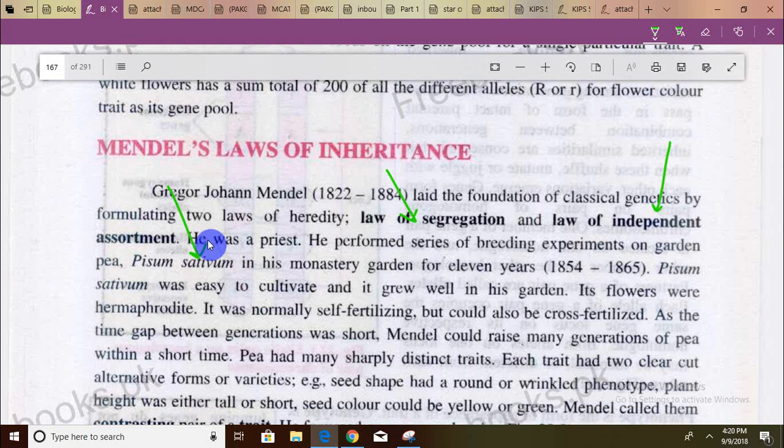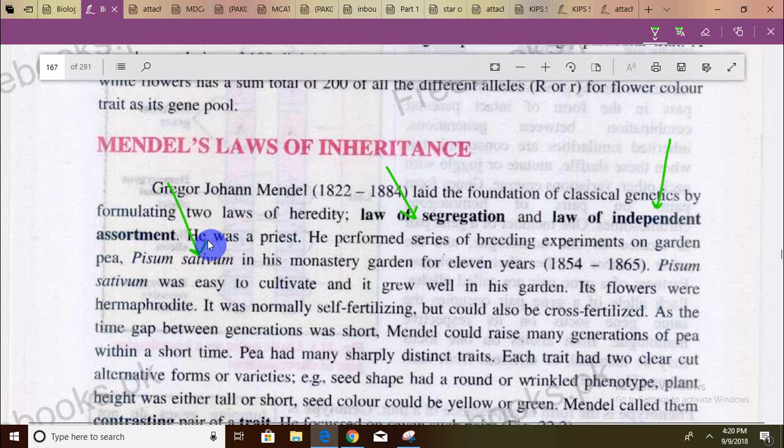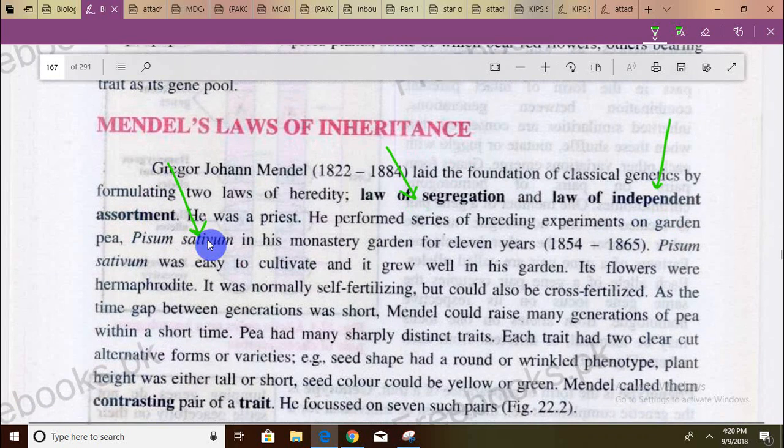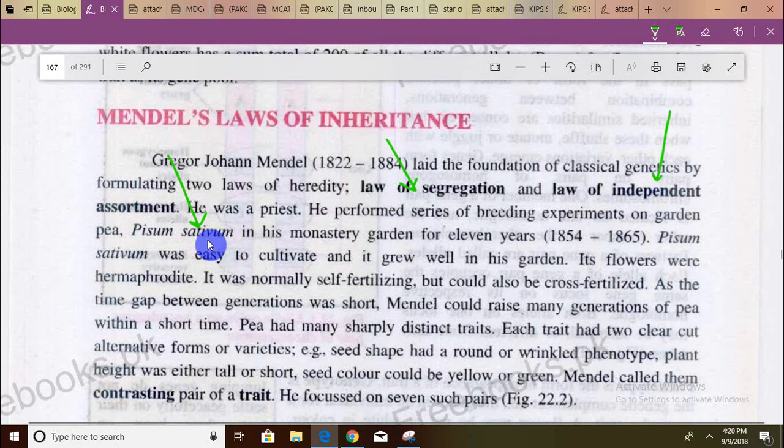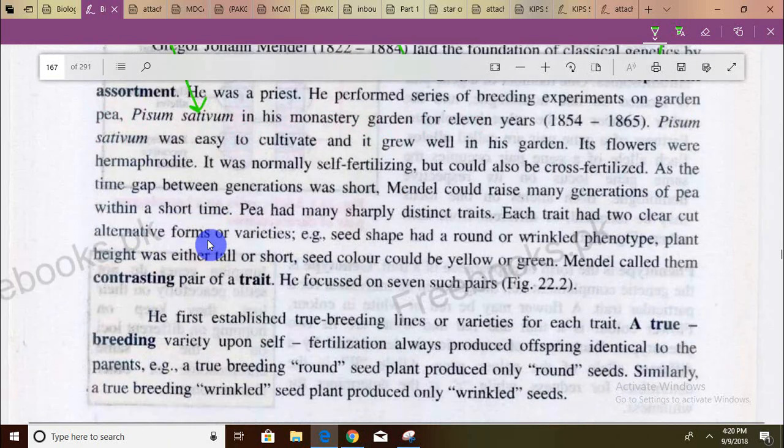The seed color could be either yellow or green, and Mendel called them a contrasting pair of a trait. So actually the contrasting pair of a trait is what is an allele, and he focused on 7 such pairs.